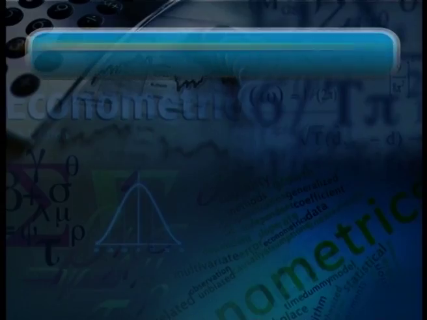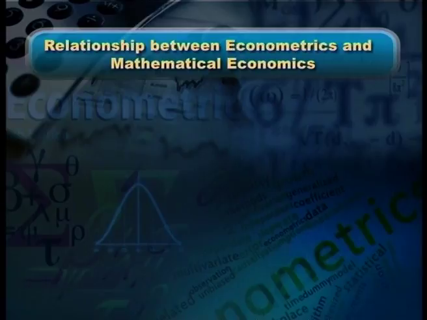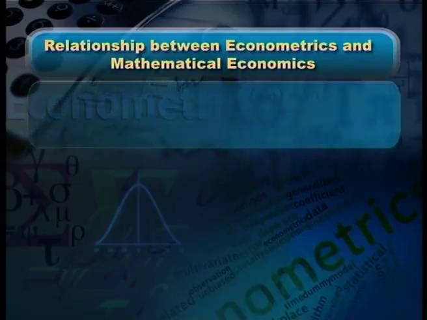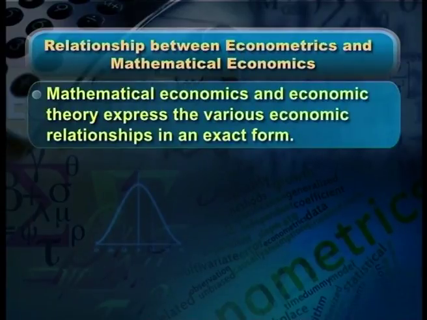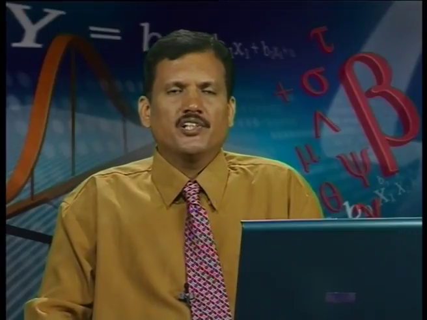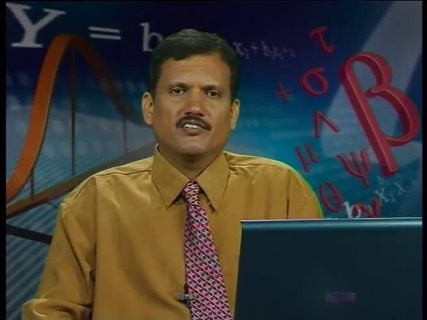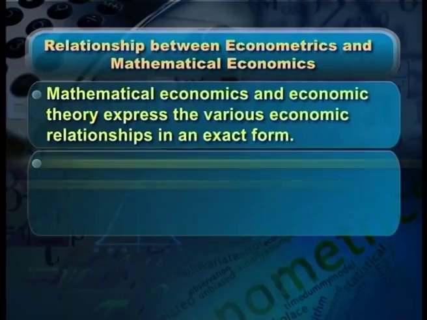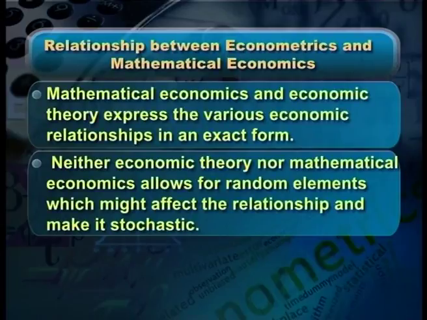measurement. Now, we study the relationship between econometrics and mathematical economics. Here mathematical economics and economic theory express the various economic relationships in an exact form, because in theory we frame the variables that influence demand, and in mathematics, instead of theory, we use mathematical symbols. That is the only difference. Therefore, neither economic theory nor mathematical economics allows for random elements which might affect the relationship and make it stochastic.